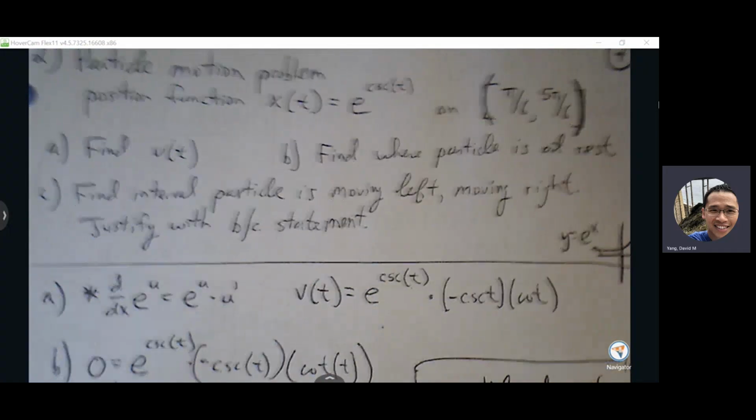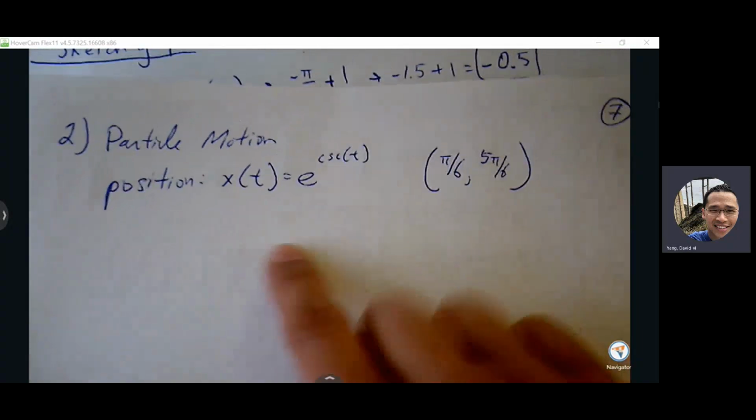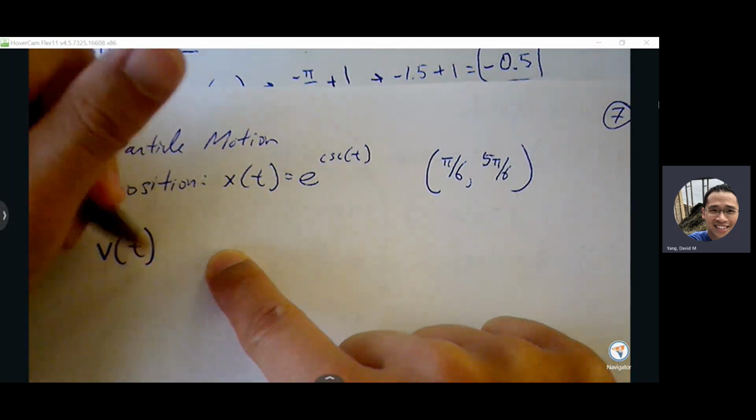So this is particle motion building off of our velocity function. Here's our position function. We want to find the velocity function. We can find the derivative.